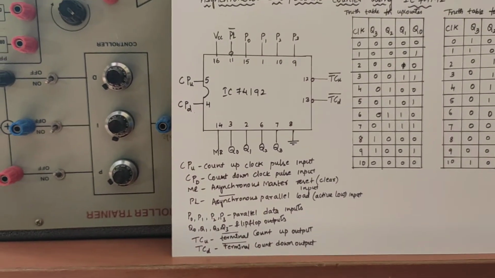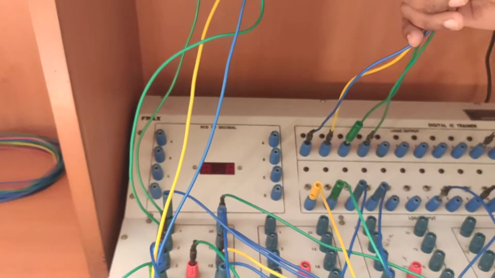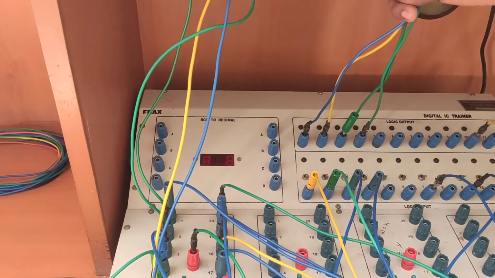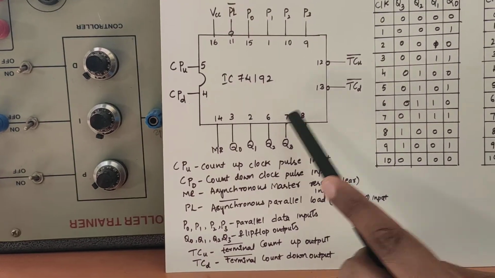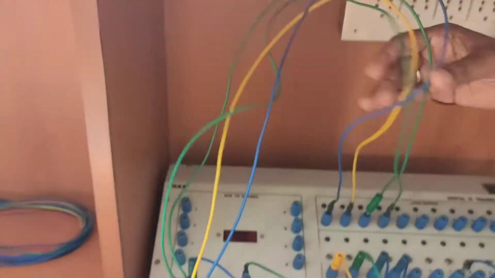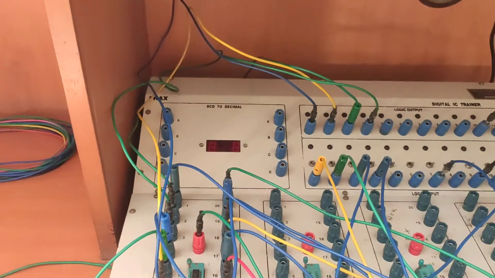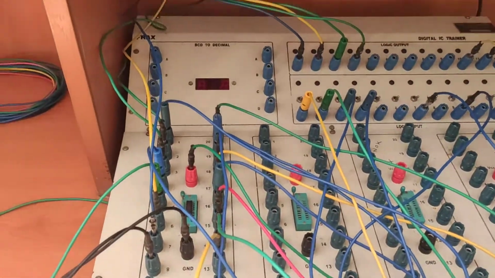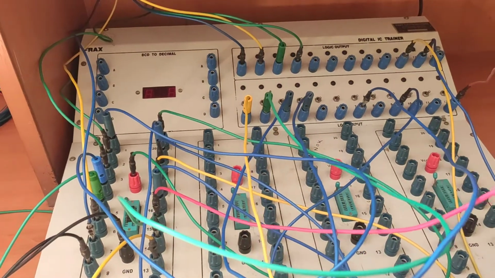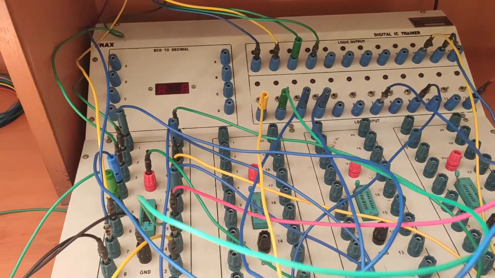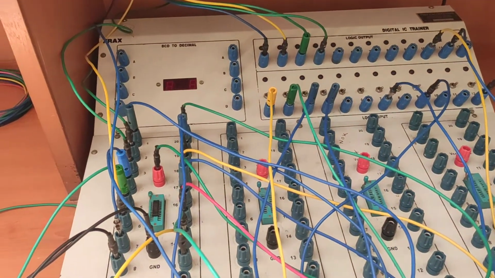And these are the output pins. You can observe 3, 2, 6, 7 are the output pins which are connected. Other than this, we are going to connect the 11th pin to the PL bar. So this is the 11th pin which is given to the PL bar and we are also connecting 4 and 5.